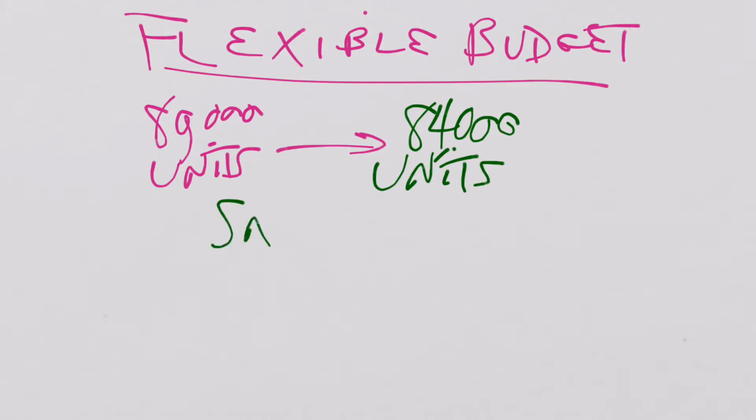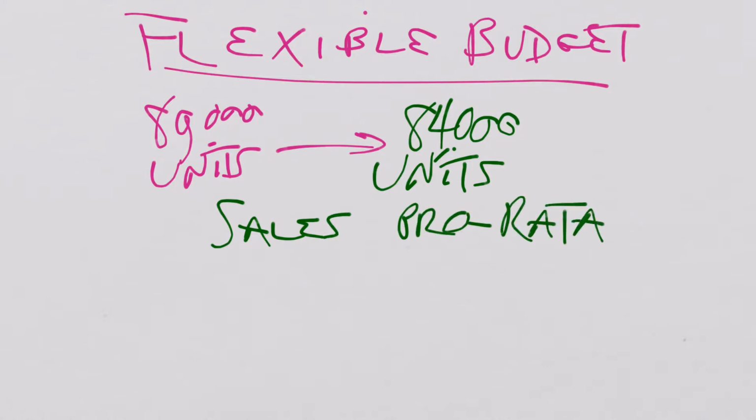You're going to change it for sales pro rata. So if the budget at 80,000 units was so much per unit, and you have to figure that out. So based on the sales given in the prior year for 80,000 units, maybe it was $100,000, which means it's $80 a unit. Now you're selling 84,000 units, so it's going to be $80 a unit times 84,000. That'll be your sales. So that's pro rata.